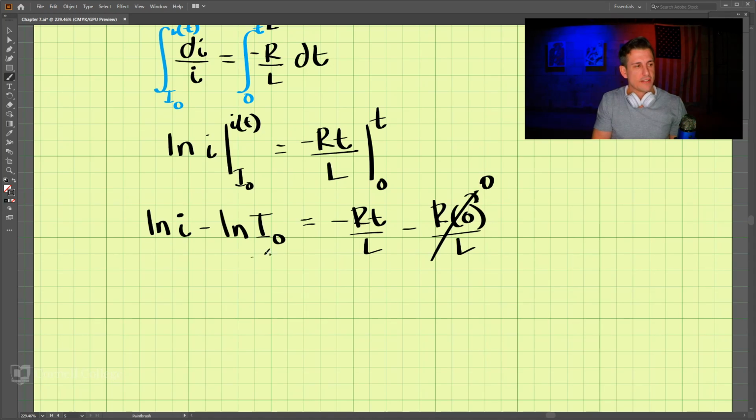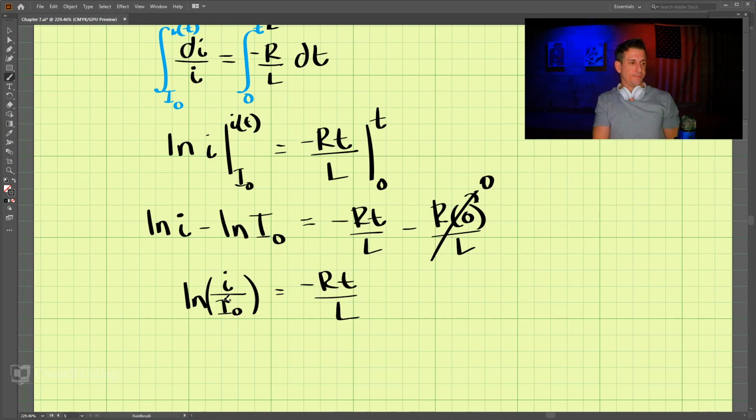Now remember, we can simplify this term. This is the natural log of I divided by I naught here. And the right-hand side is just negative R times t divided by L. Now we can take the exponent here.